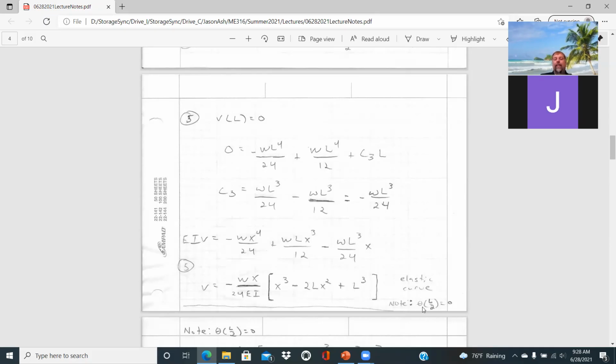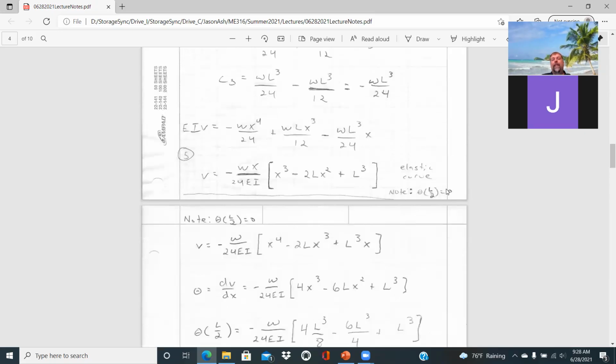And note that, again, the slope at L over 2 is also equal to 0. So you may have more conditions than you're aware of that you could use to solve for your constants of integration, but they're not necessary, as we were able to solve those just based on the displacements at x equal to 0 and x equal to L, and the internal moment at x equal to 0 and x equal to L. But these then serve as a great way to verify your solution.